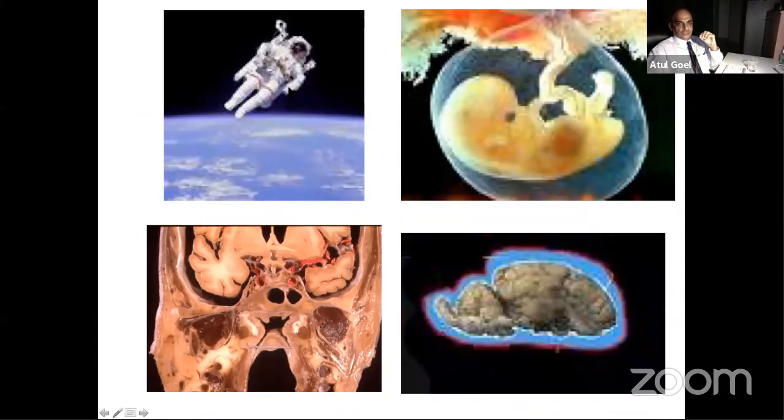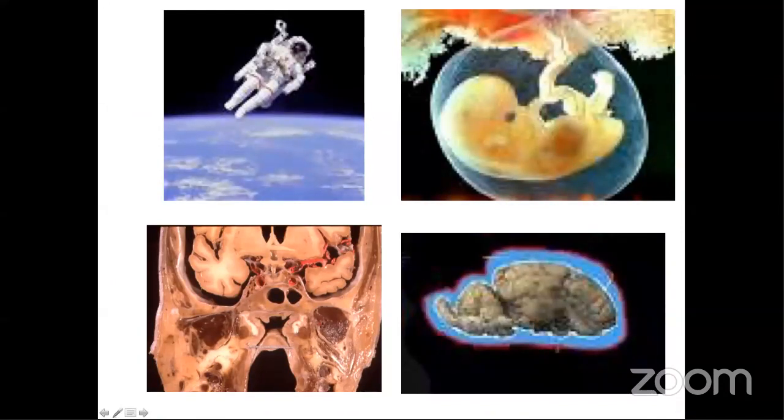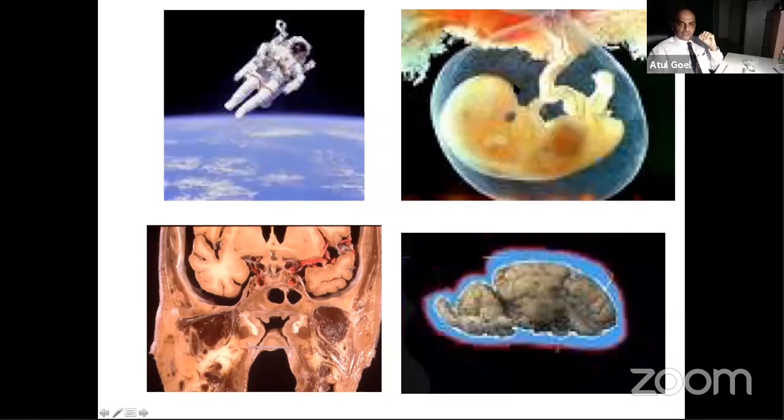You see, this is an astronaut in the space and he's flying. Similarly, this is a fetus in the amniotic fluid. No matter how heavy the fetus becomes, it floats in the amniotic fluid and it is weightless.